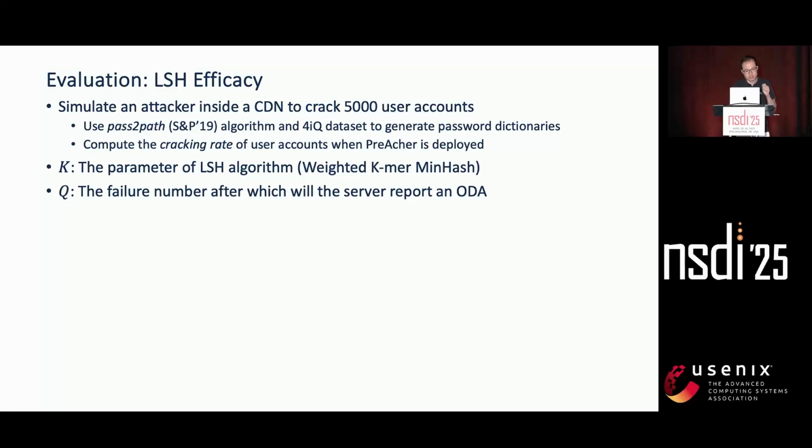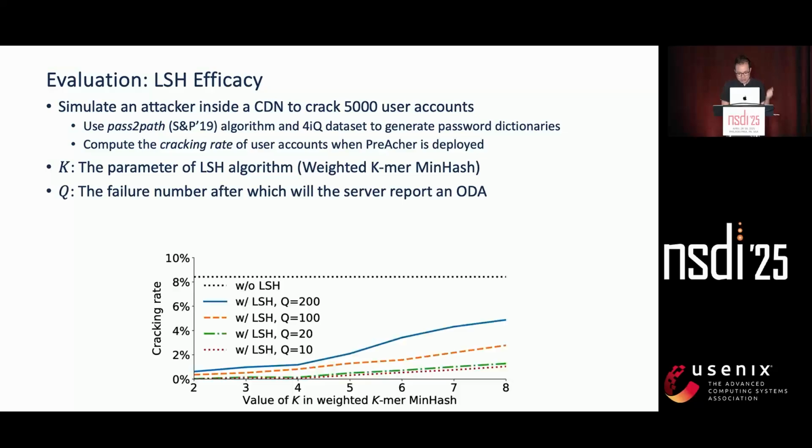One is K, the parameter in our LSH algorithm. It's called weighted K-mer min hash. Another parameter Q is, as we mentioned before, the failure number after which the server will report an offline dictionary attack. This figure shows the cracking rate of the user accounts, and we can find that with larger K and larger Q, the cracking rate will be larger.